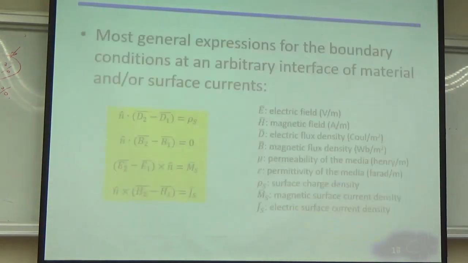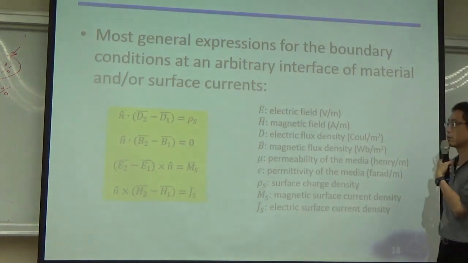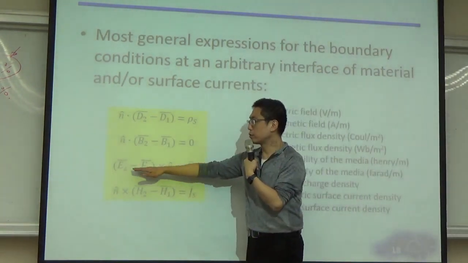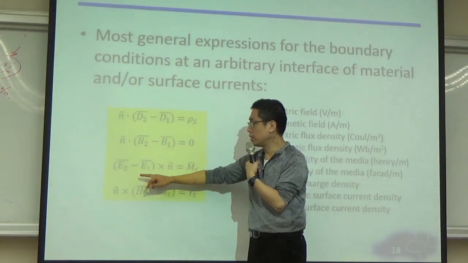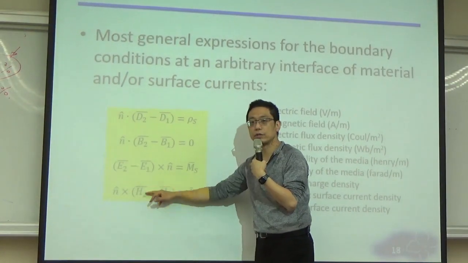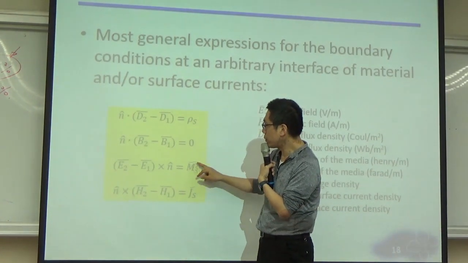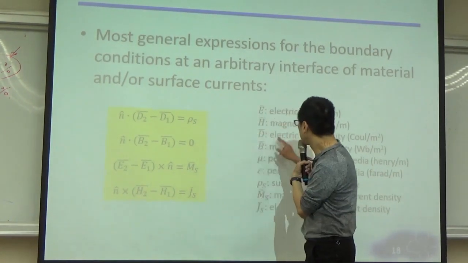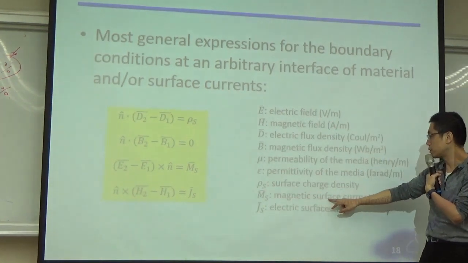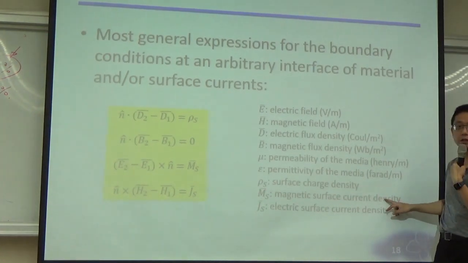And for the other two boundary conditions, you don't see B and D, you see E and H, right? And the direction of E and H equals Ms. Can you read that? Magnetic surface current density.